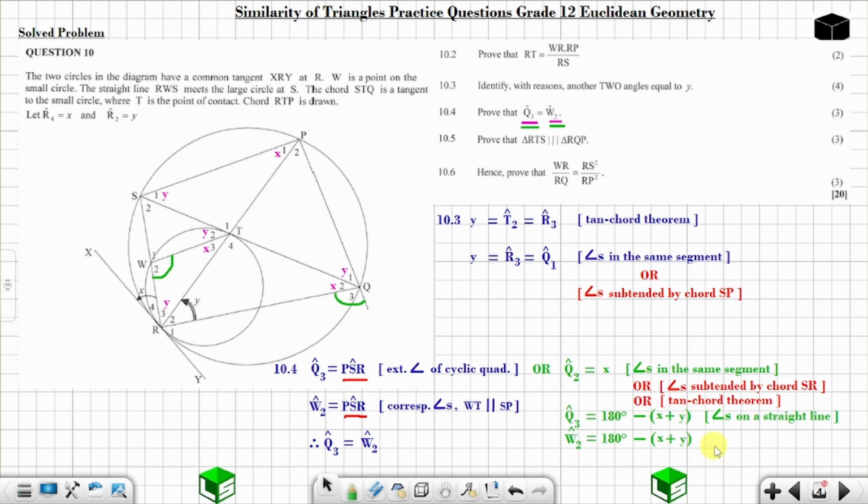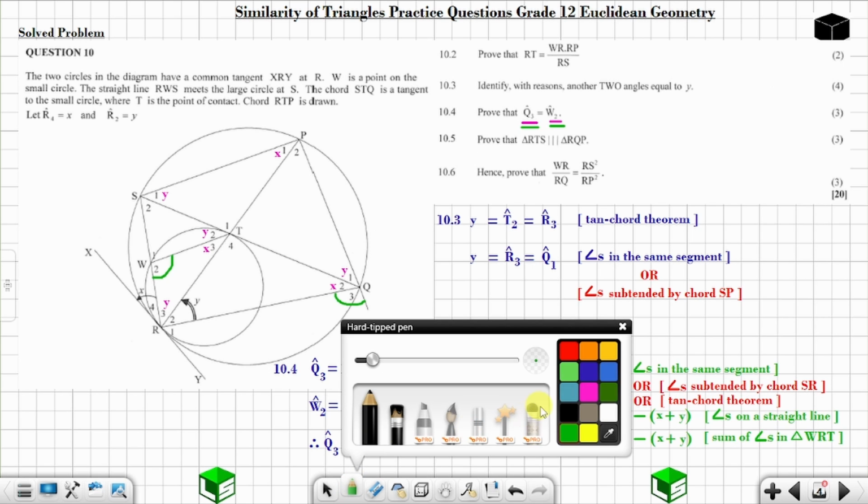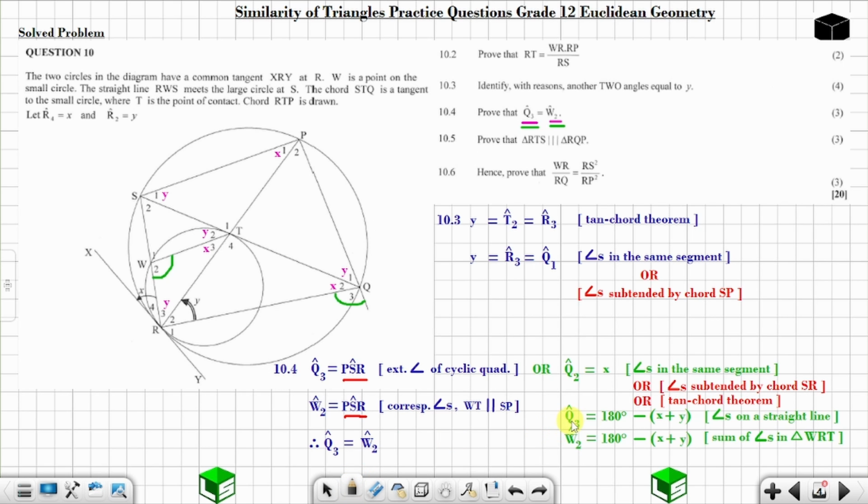The reason for this, you are going to say sum of angles in triangle WRT. Now you can see this angle is equal to this, and this angle is equal to this. So the two angles are equal to the same thing. So therefore angle Q3 is equal to the angle W2. You can see. Okay.